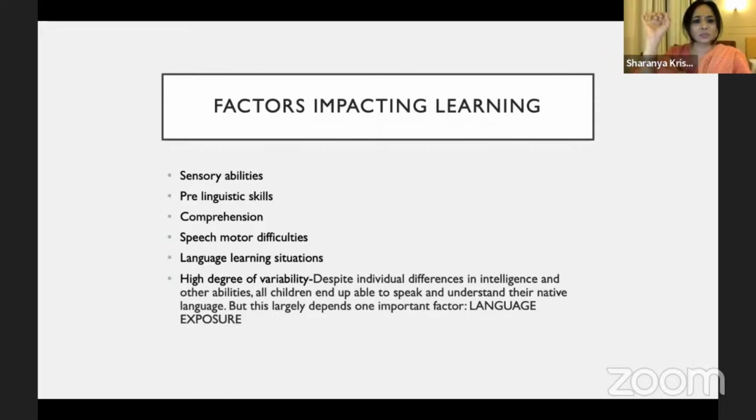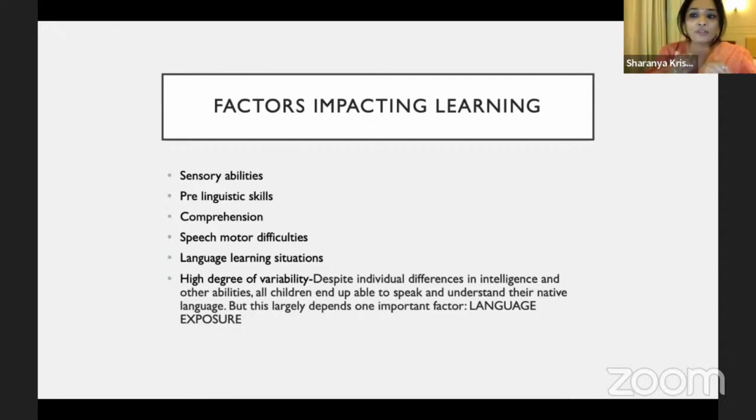Why does speech motor difficulty arise in the first place? So we all understand that children with Down syndrome have anatomical differences in their oral cavity with respect to the size of the tongue, size of the oral cavity, the position of the tongue being thrusted in the forward, like this.